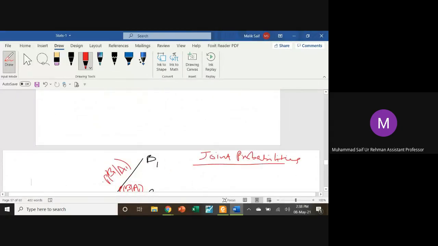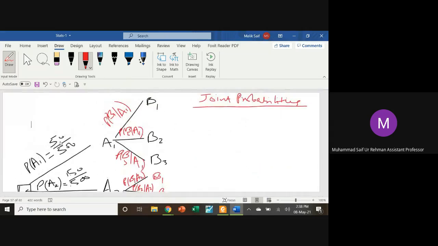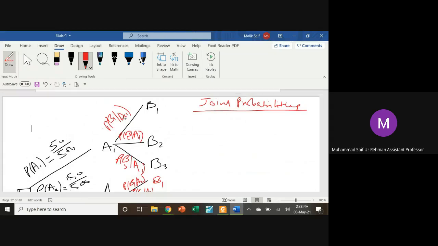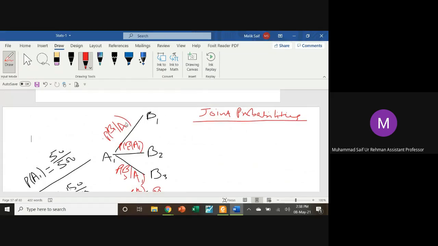So what are the joint probabilities? Joint probabilities are basically the multiple of this value and this value. As I don't have space over here and I don't want to make the tree complex, I'm not going to write down the value over here, but I will write down the value over here. The first value will be probability of A1 multiplied by probability of B1 given A1, like this.